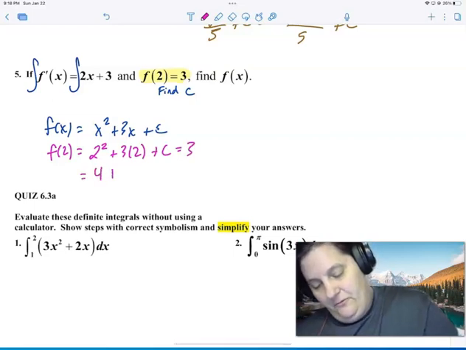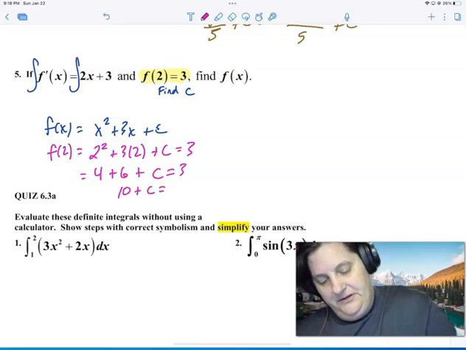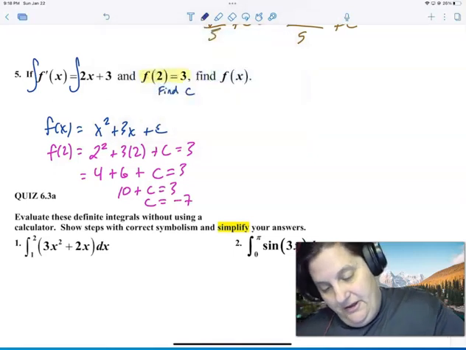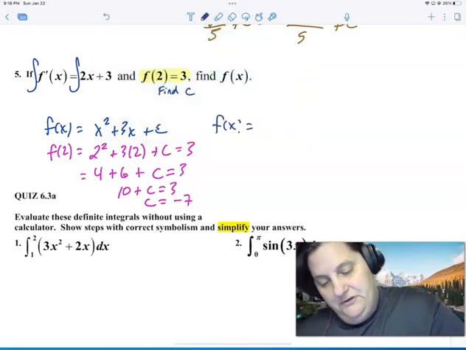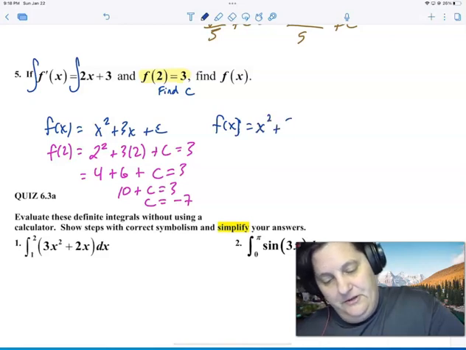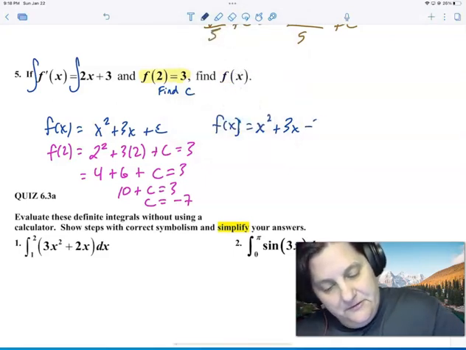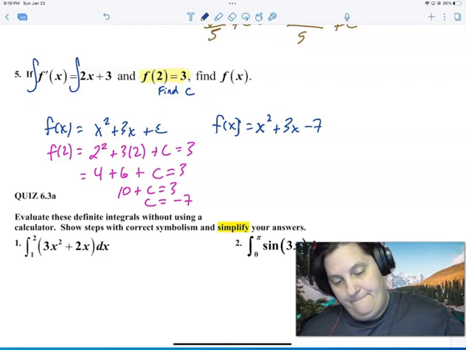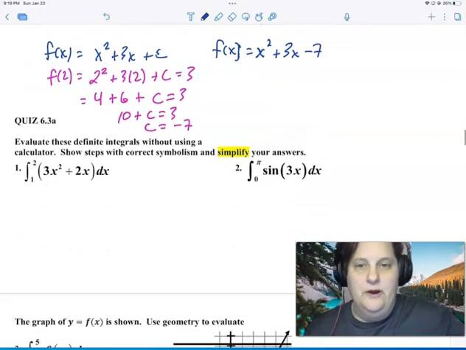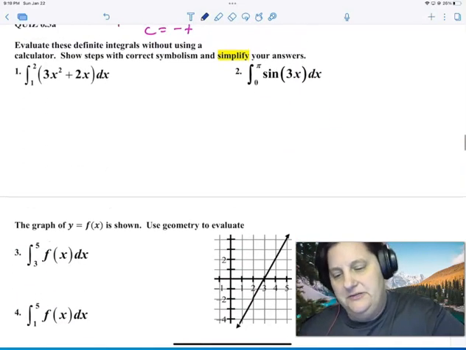So 2 squared, that's 4 plus 6 plus c is 3. 10 plus c is 3. So c is negative 7. So my equation is x squared, oh my goodness, plus 3x minus 7, because it's a negative 7. All right. Great, great. Okay. Let's keep going.